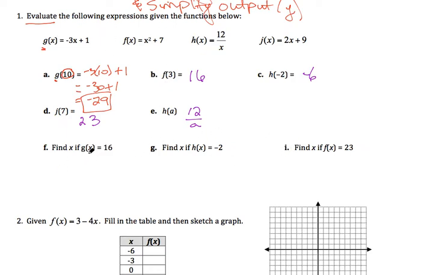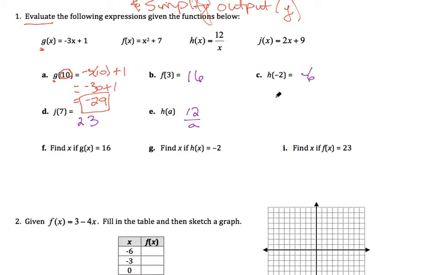What makes them different is that the x remains an x, but what you're given is a y value. Because we have the y value and we're looking for the input, that's exactly how we set it up. It's the same problems, but backwards from what you were doing in the previous problems. So we set up with what we know is y, and that is equal to the g function, which is negative 3x plus 1, and we solve for x.